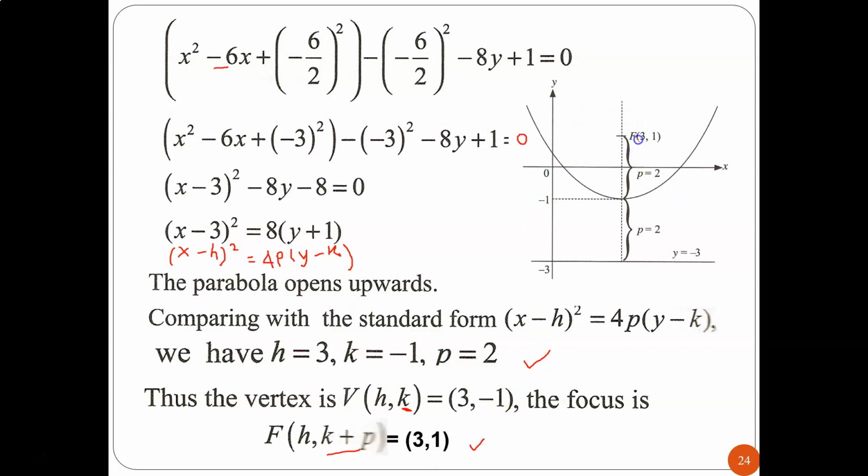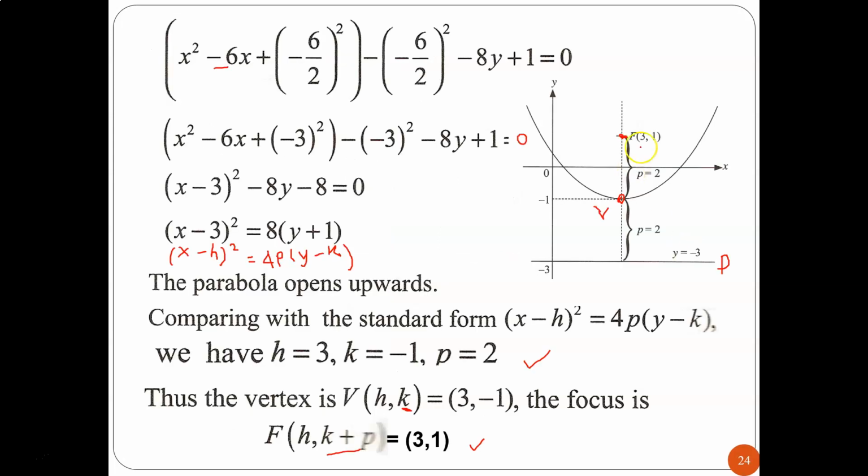And you can draw it as usual. Okay, this is your focus, and this is your vertex, and this is your directrix.